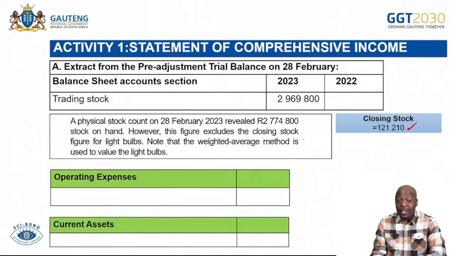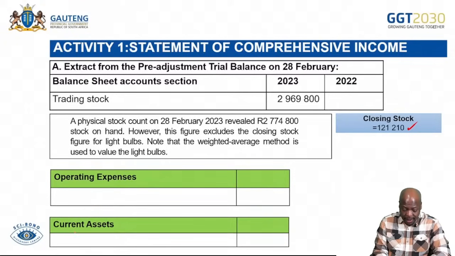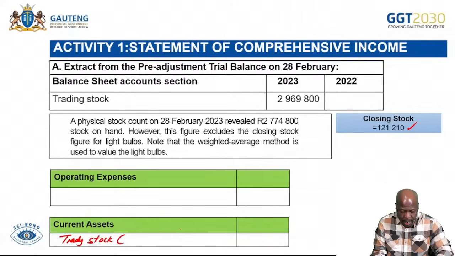If you're to record what is here in your statement of financial position under your current assets, you're going to come under what we call trading stock. So I'm coming here to say this is my trading stock. And then I open my bracket. And then I am now saying on my trading stock, I had 2,774,800.